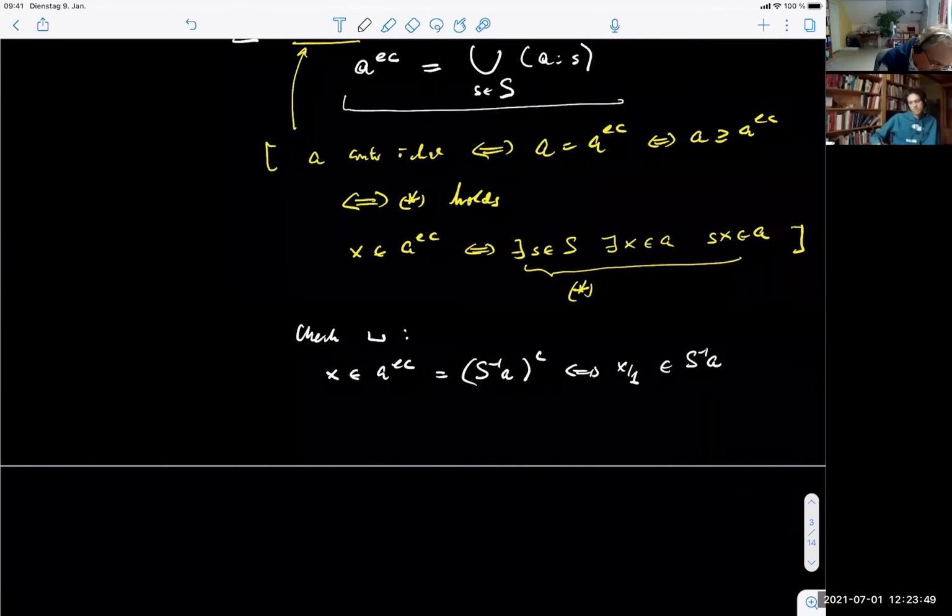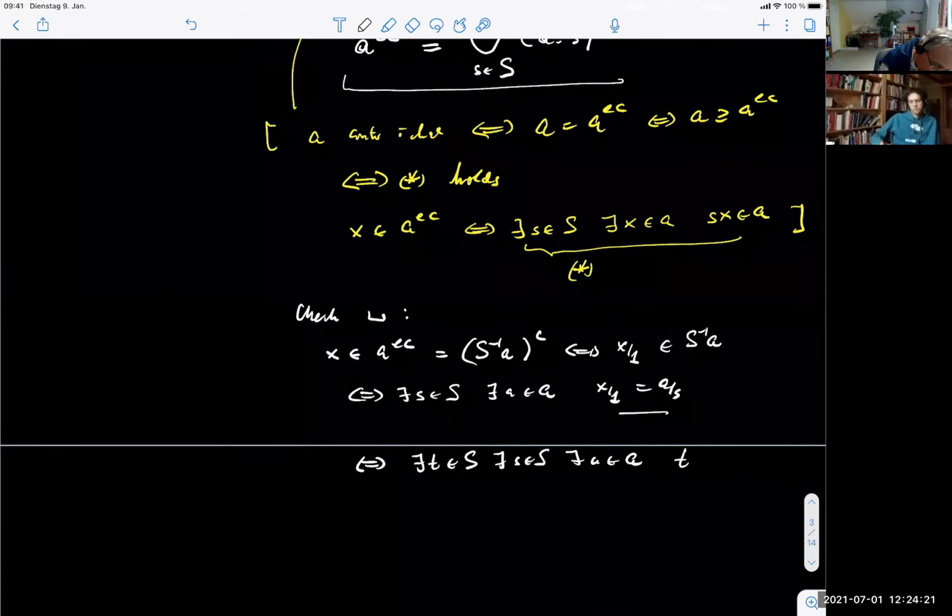So there is some S in S and there is some A in the ideal such that X over 1 is A over S. Now this means there is a T in S, and this condition I rewrite as before as T times (Sx minus A) equals 0.